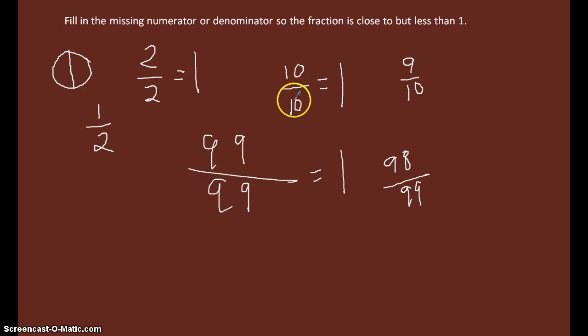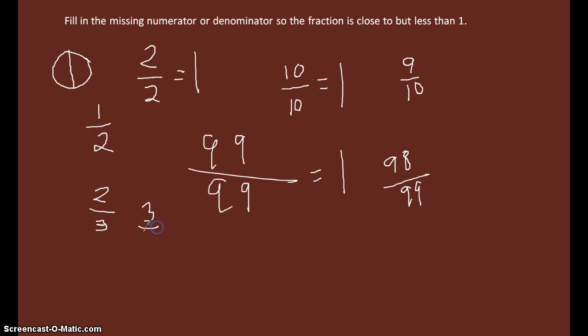So it only works with big denominators. It does not work with small denominators. I would not consider, for instance, 2 over 3 to be close to a whole. I just wouldn't. For instance, if you're talking about 2/3 of an hour, this would be equal to 40 minutes, and there's a big difference between 40 minutes and 60.